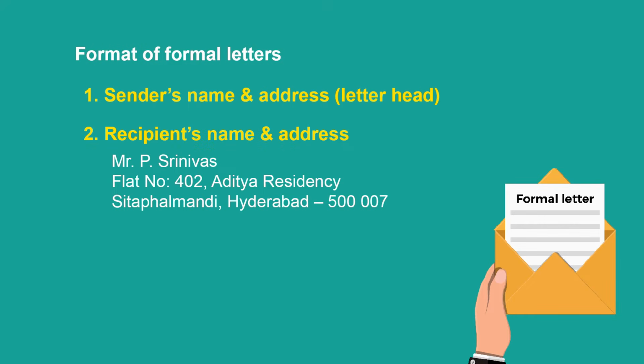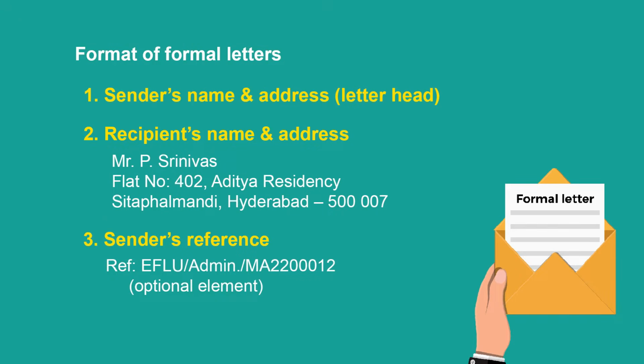The second component is recipient's name and address. Please note the use of the punctuation marks such as comma, colon, small dash in writing the address. The third component is sender's reference. This is an optional element.